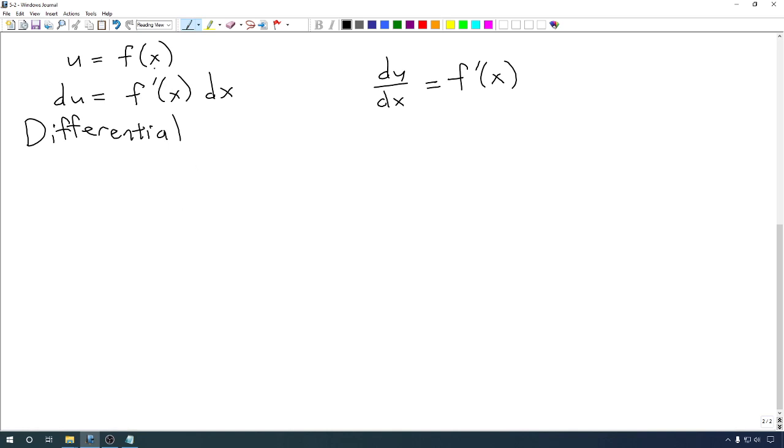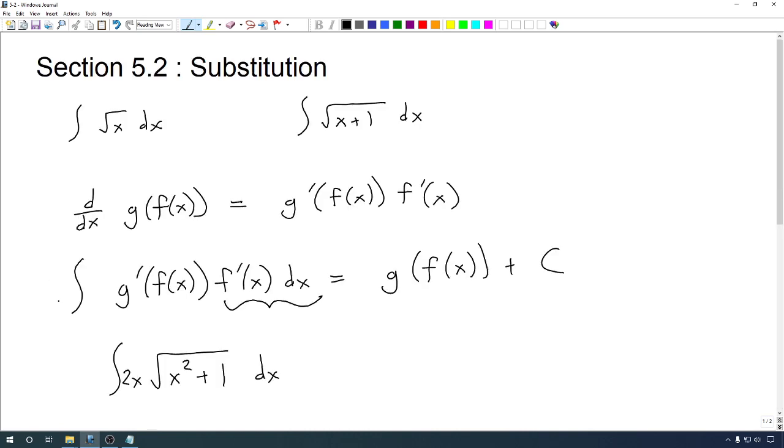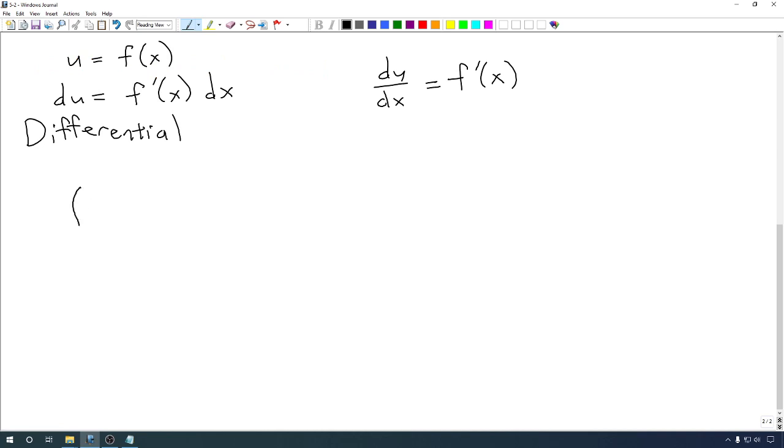It's actually very, very useful in this context, because what that allows me to do is change our formula from here into the integral of g prime of f of x, which is now u, and then f prime of x dx is now just going to turn into a du. And that's going to equal g of f of x, as u, plus c.